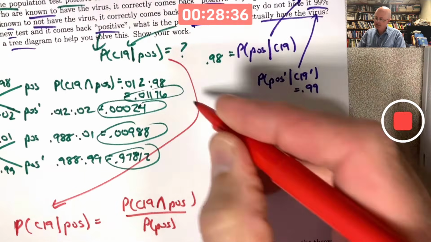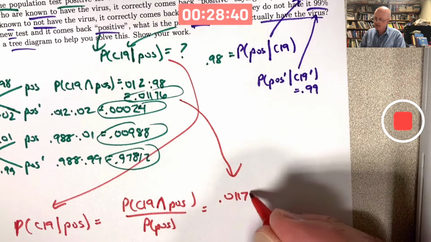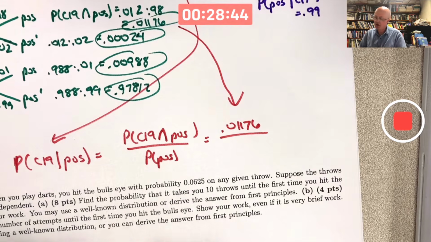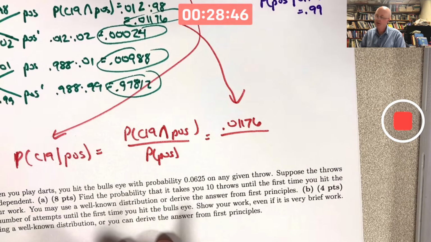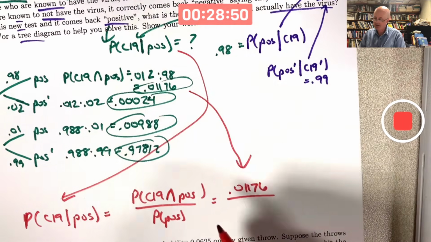This one right here is this first number up here, 0.01176. For this one, Bayes' theorem breaks that apart into the sum of some products of conditional probabilities with ordinary probabilities, in fact, that we get up here.